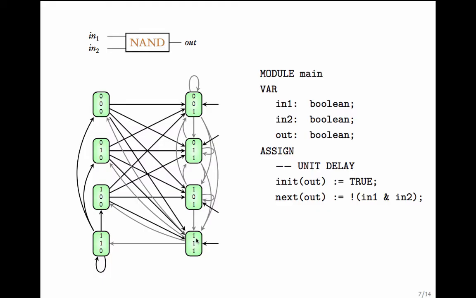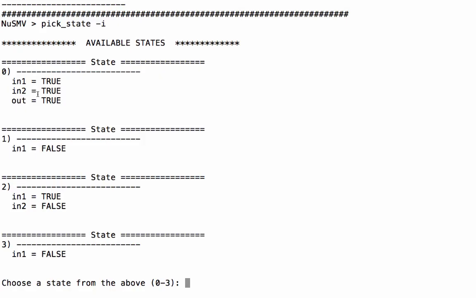The only difference is here in this state where the value of in1 and in2 are both 1. So AND of this is 1. NAND of this is going to be 0. So this goes to all these states. Let us now check this. Let us choose the state where in1, in2 and out are all true.